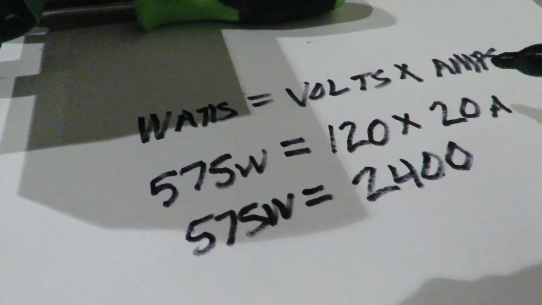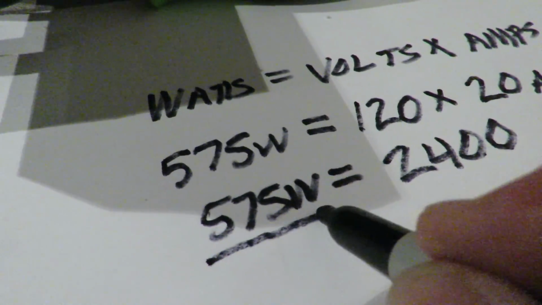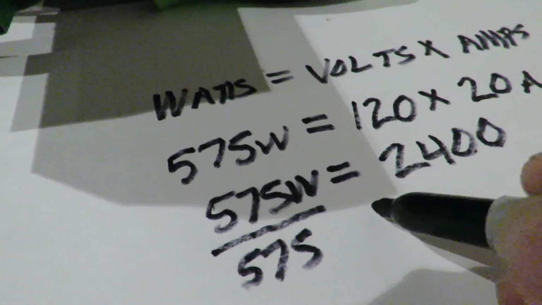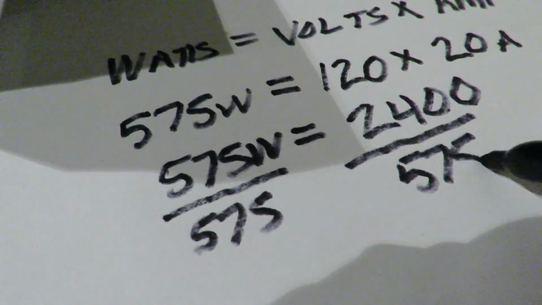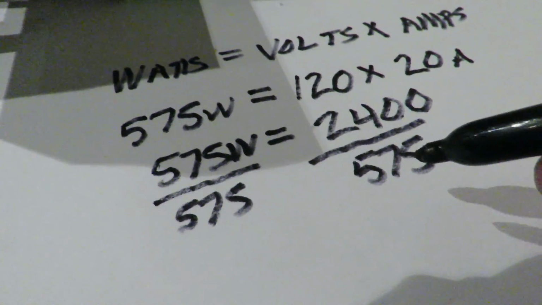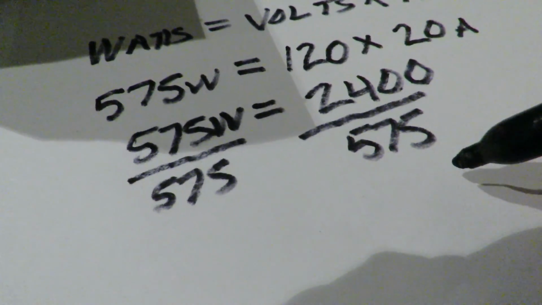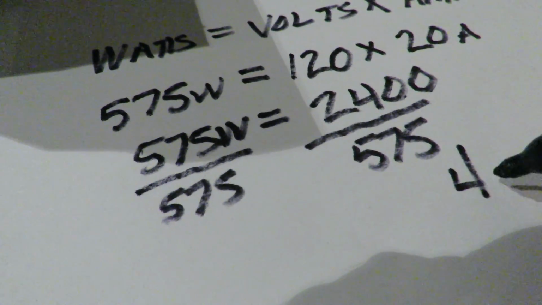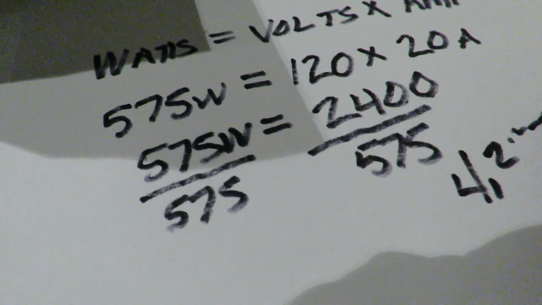2400. And now, what do you do? You divide this by 575. And so if you divide this, you wind up getting a number that is 4 point something, 2 something something something.